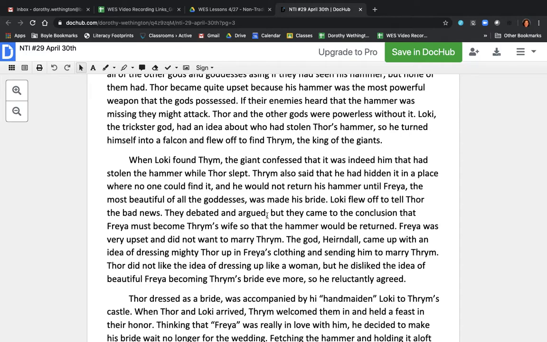They debated and argued, but they came to the conclusion that Freya must become Thrym's wife so that the hammer would be returned. Freya was very upset and did not want to marry Thrym. The god Herondale came up with an idea of dressing mighty Thor up in Freya's clothing and sending him to marry Thrym. Thor did not like the idea of dressing up like a woman, but he disliked the idea of beautiful Freya becoming Thrym's bride even more, so he reluctantly agreed.